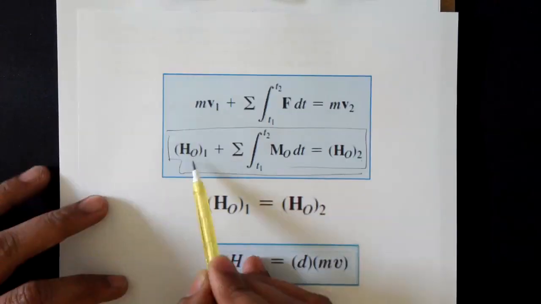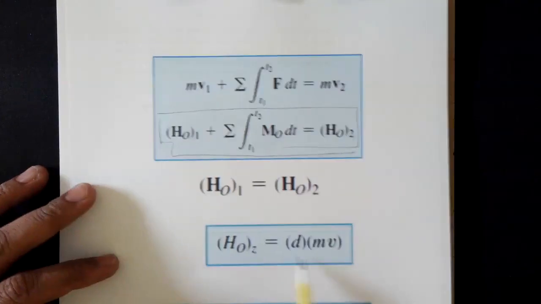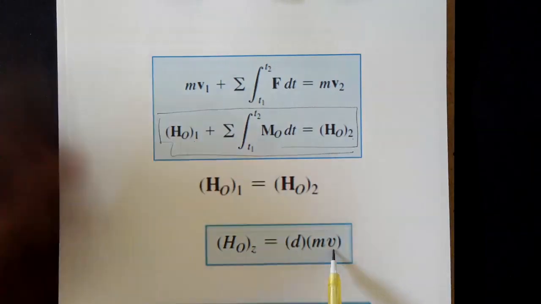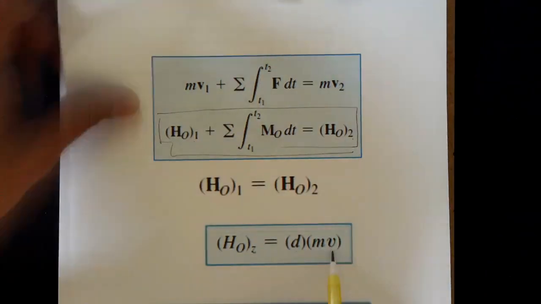H_O in this example can be calculated using this equation, which is distance multiplied by mass multiplied by velocity. Okay, so let's apply this equation to our problem.